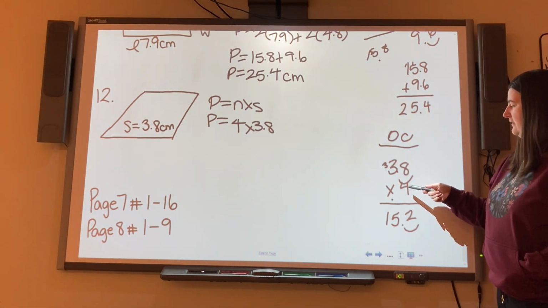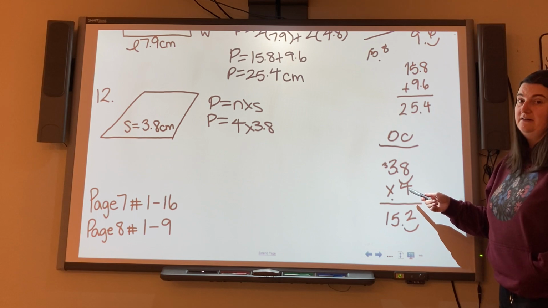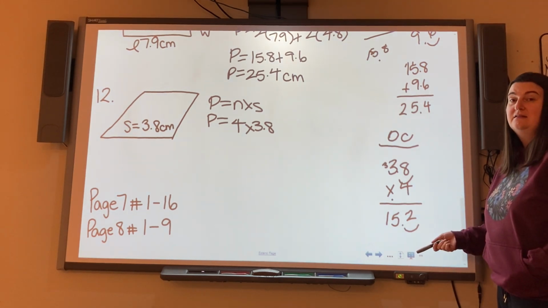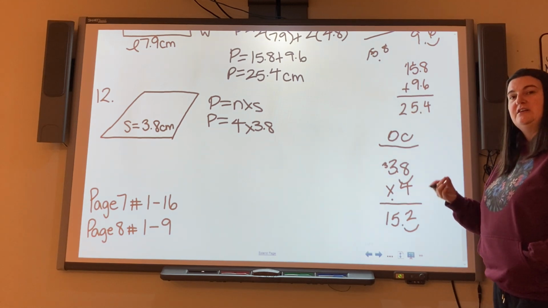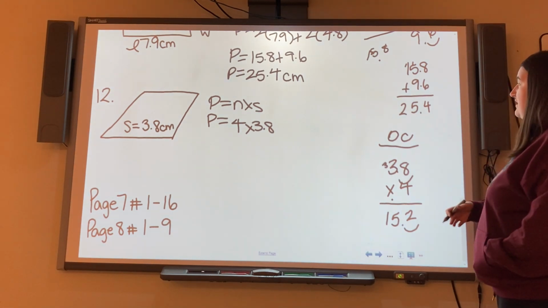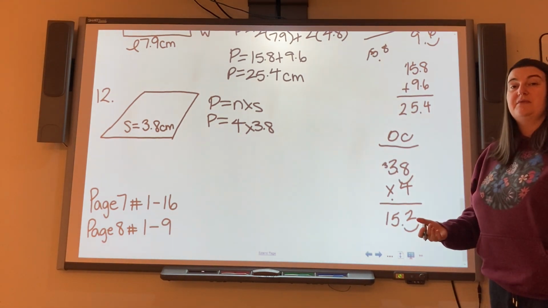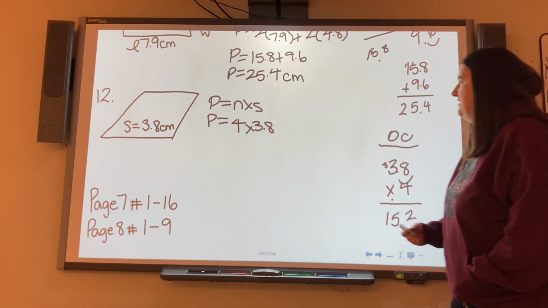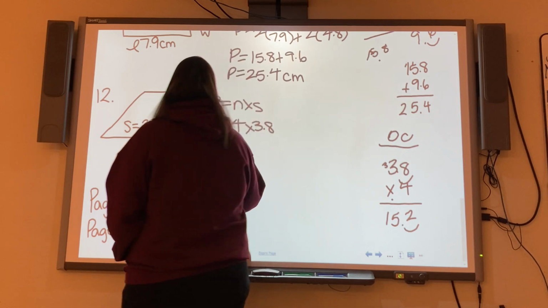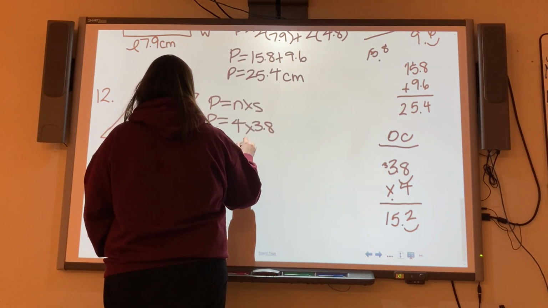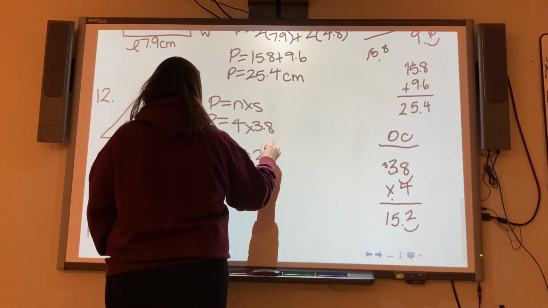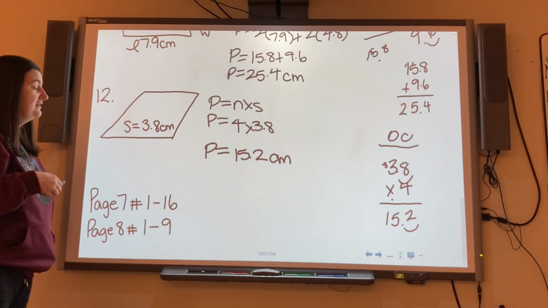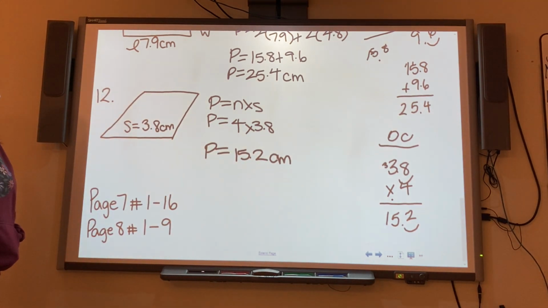I put that 4 under the 8, it doesn't matter, because I'm multiplying and I don't put the decimal until the end. So those little tips and tricks you have to remember so that you're doing those outside calculations properly. All right, so the answer for 12, 15.2. So the perimeter equals 15.2 centimeters. Don't forget to put your unit of measurement at the end.